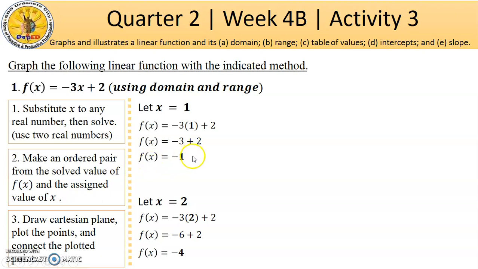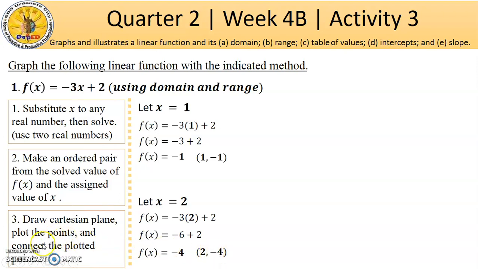Therefore, if we write this as an ordered pair, we have (1, -1). The value for x will be in the x coordinate, and the value of the function will be in the y coordinate. So we have the ordered pair (1, -1), and the same with the second, we have (2, -4).